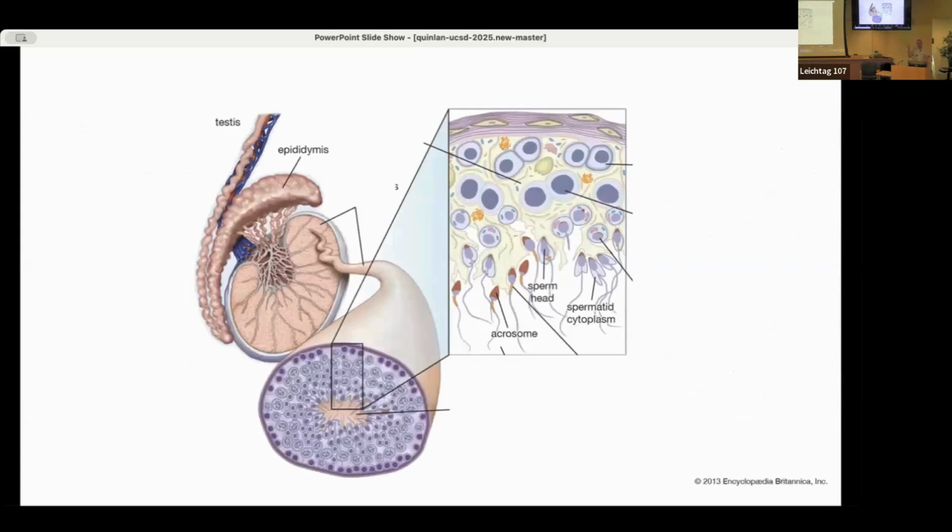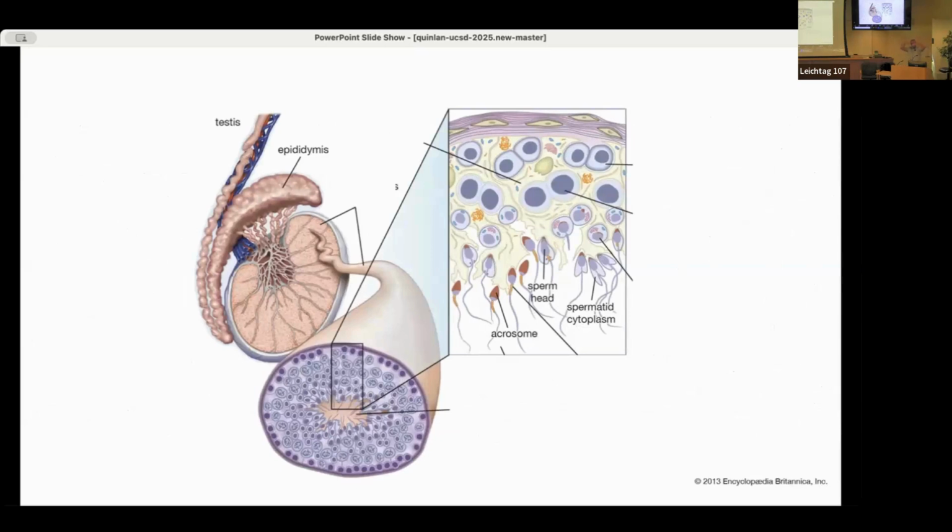Well, in a human testis, there's a bunch of these spaghetti-like structures called seminiferous tubules. And there's a cross-section of a seminiferous tubule depicted here. And basically, you have spermatogonial stem cells on the outside of these tubules. And as they commit to differentiation, they self-renew to continue generating sperm throughout the lifetime of a male.